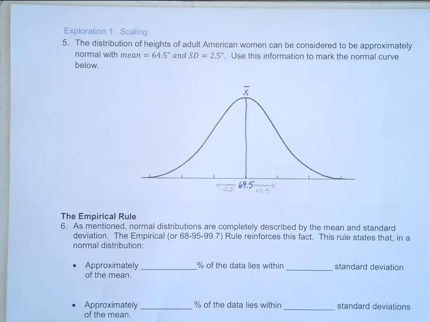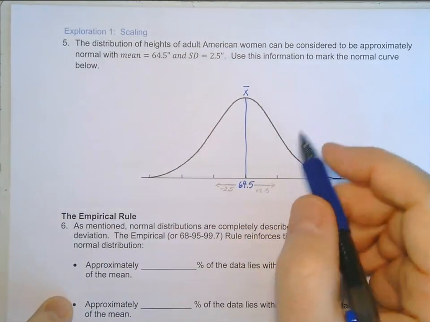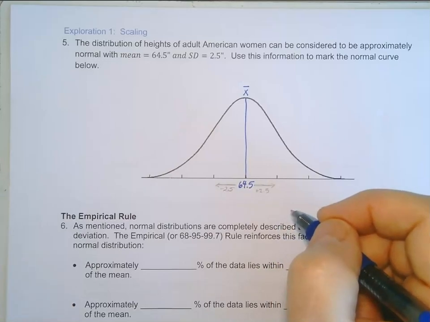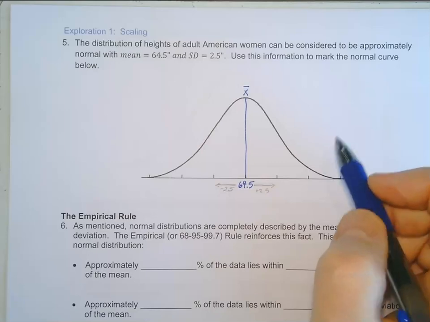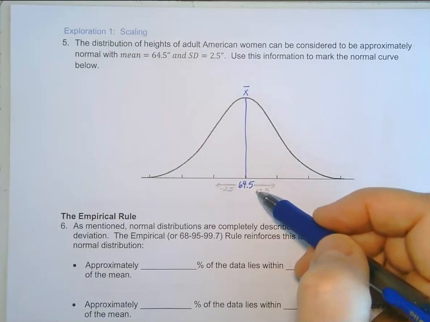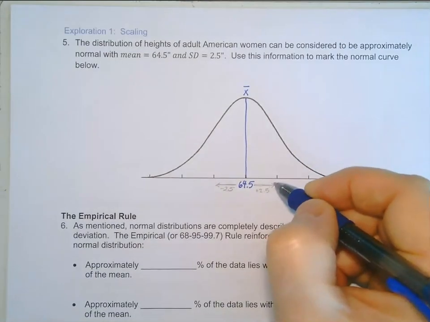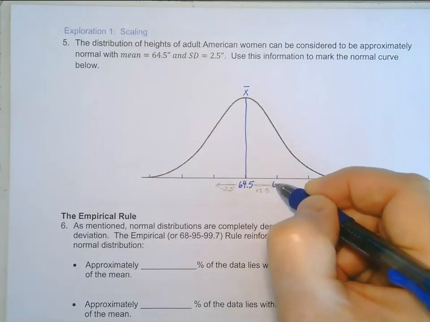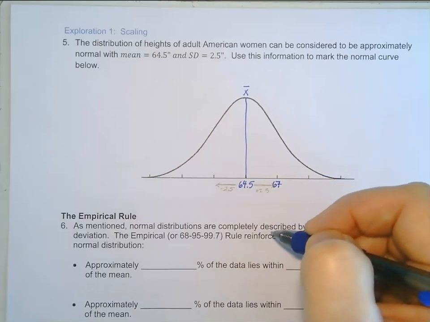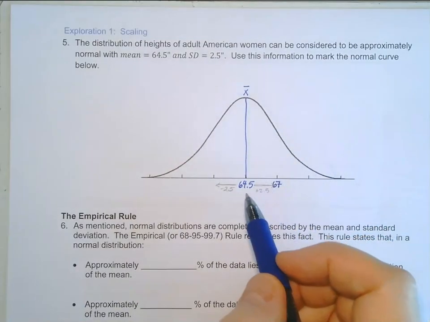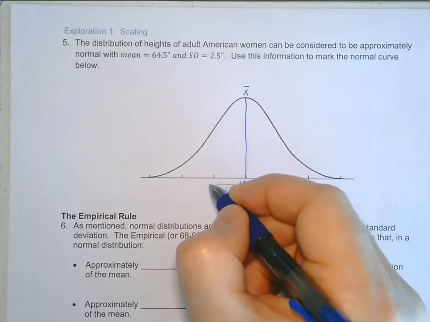And so when I add 2.5 to 64.5, isn't that going to give me, oh, I have the wrong value down here. I'm adding 2.5 to 64.5. That's going to give me 67. Do you guys agree? Yeah? And if I subtract 2.5, won't that be 62?